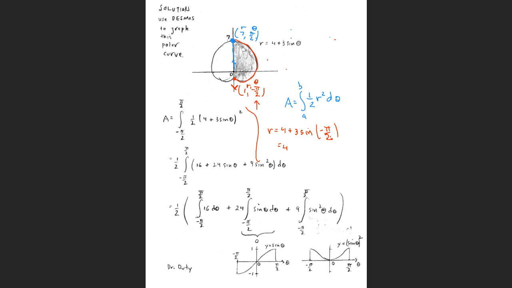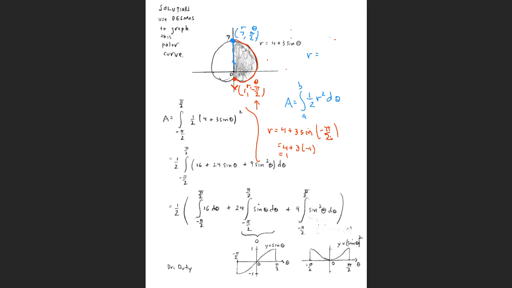So this is going to be 4 plus 3 times negative 1, and that's 1. So you start here, and you end up at 7 pi over 2. That's the ending point of your pole. That's the ending polar coordinate.